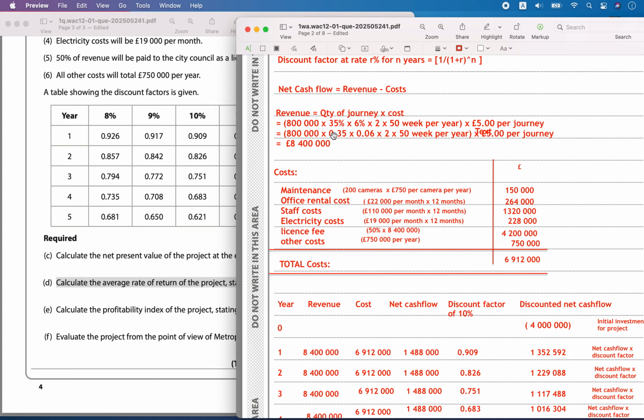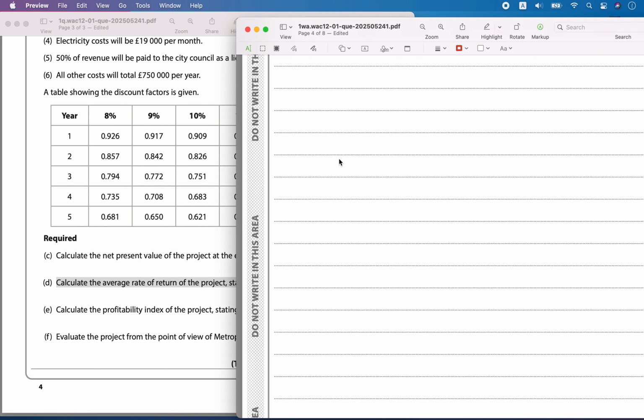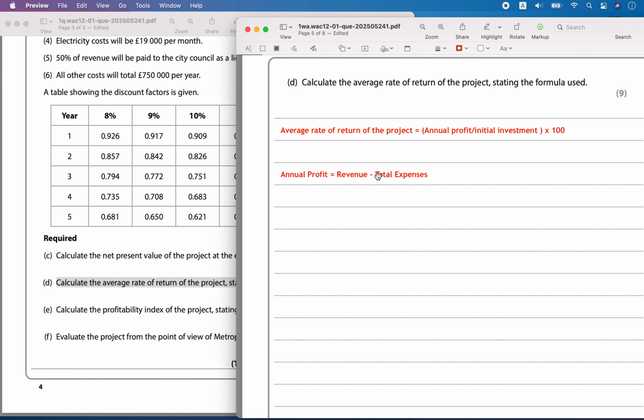In net cash flow you include only the actual costs, the cash outflow happening. But now the annual net profit will include revenue minus the total cost, which includes the depreciation also.